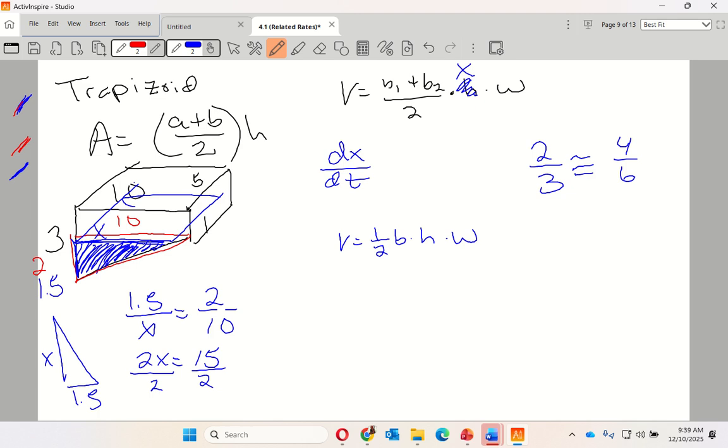This is going to be my base, because we're ending up looking for dh/dt, right? Changing the height. I'm going to call this one my height. Height was the x? I thought our height was the x. I'm turning it this way now, so it actually finds it. Yes, it is going to be for this right here.